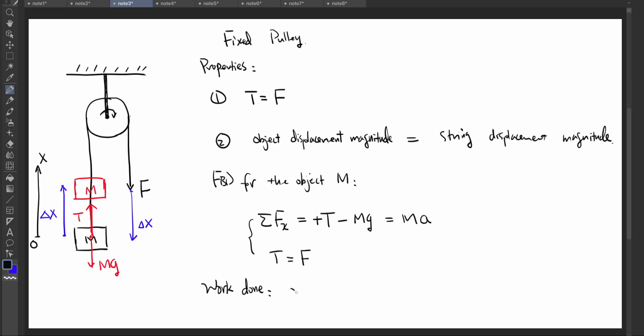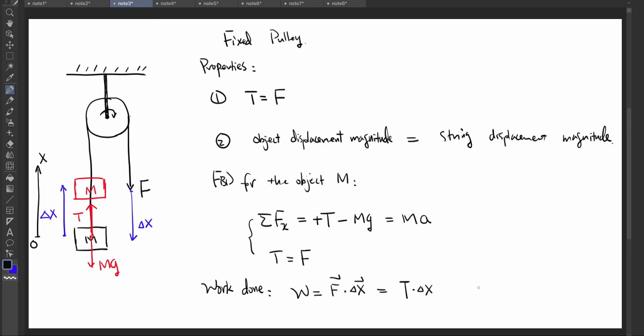So work is equal to force times the displacement. Now in this case the tension force equals the pulling force, so the work done on the object equals T times delta x. Okay, we have that, right?